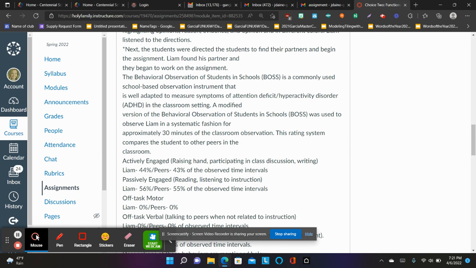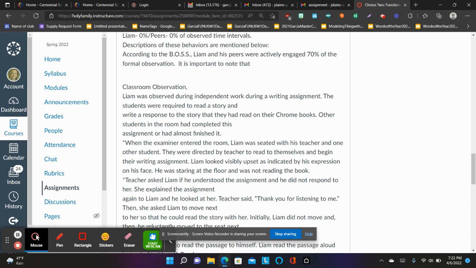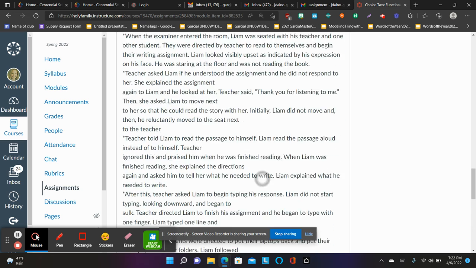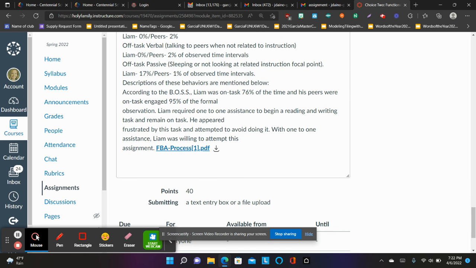Here's additional data that I'd like you to read through. Here are some additional data points. So in this situation, you will find that perhaps some of these classroom observations may have Liam on task for most of these classroom observations.